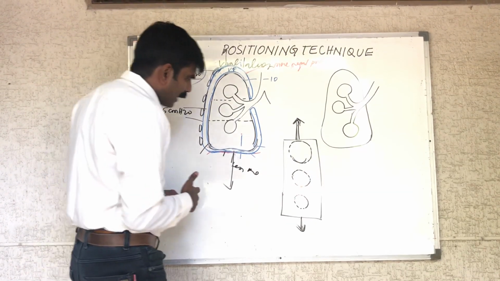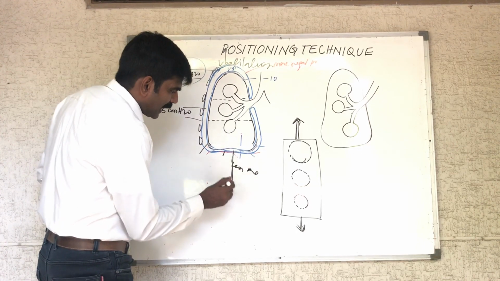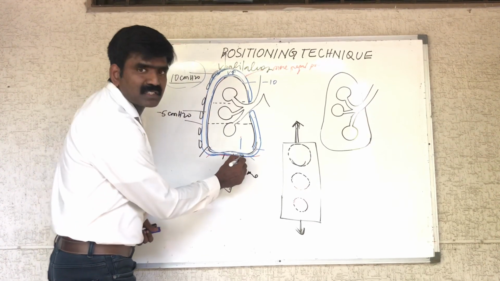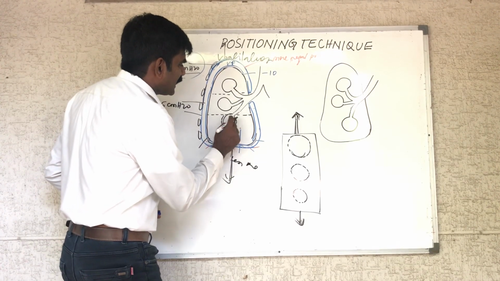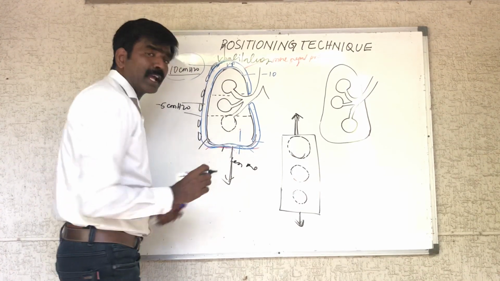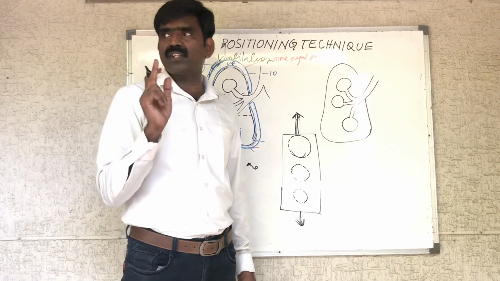So here what happens? Here it is pulled less. When it is pulled less, because the negative pressure is less, the alveoli will open slightly. Clear? So we are talking at FRC. I am talking at the resting FRC, functional residual capacity.